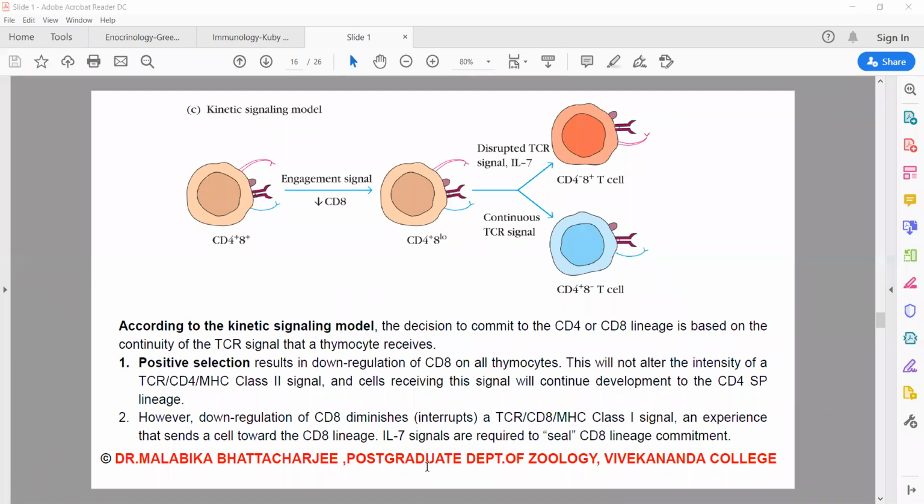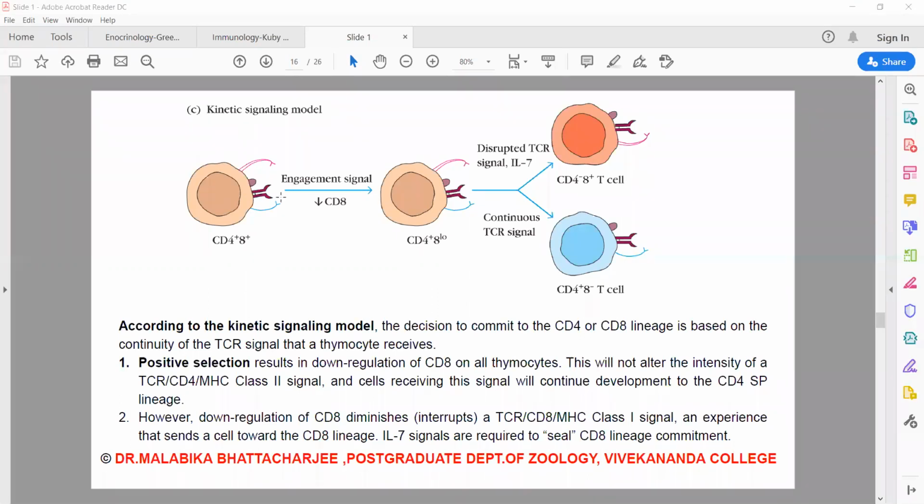They proposed that the thymocytes commit to the CD4 positive T cell lineage if they receive a continuous signal in response to TCR co-receptor engagement, but commit to the CD8 lineage if the TCR signal is interrupted.